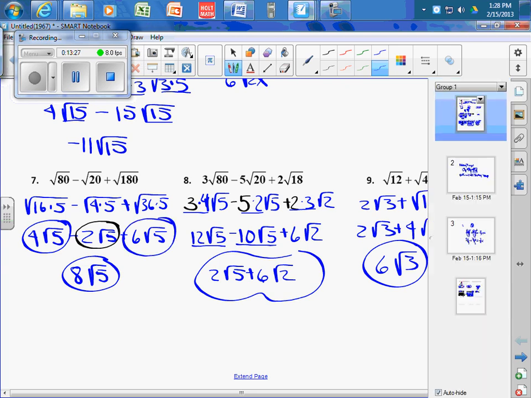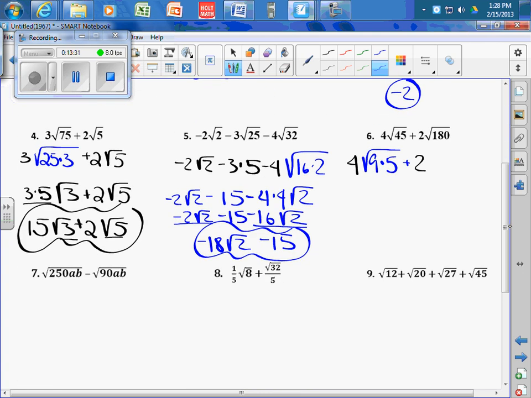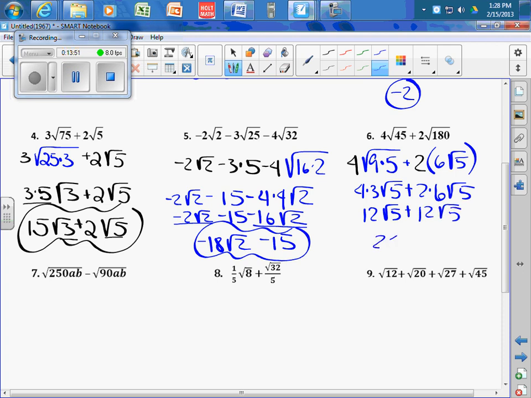So we don't need to show that work anymore. We've already done it once. So 6 radical 5. We have 4 times 3 radical 5 plus 2 times 6 radical 5. 4 times 3 is 12 radical 5 plus 2 times 6 is 12 radical 5. 24 radical 5 would be your final answer.